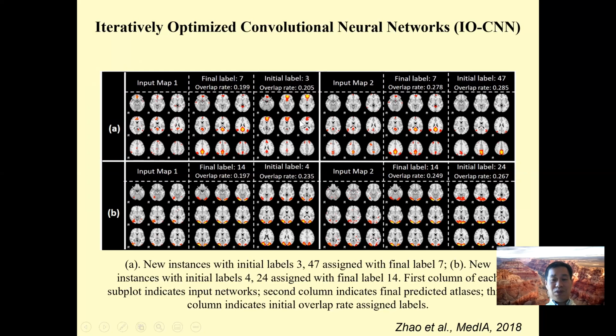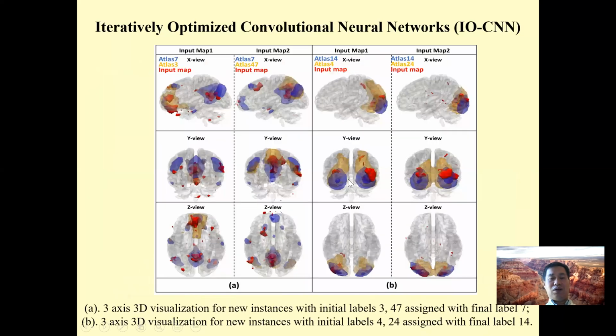Even though the spatial overlap is higher, the spatial distribution looks much more similar between the input and the final label, which is the default network. We can see many such examples. So that means the iteratively optimized CNN really works in terms of correcting some weakly labeled and wrongly labeled networks and changing them to correctly labeled networks. So this will help us a lot.